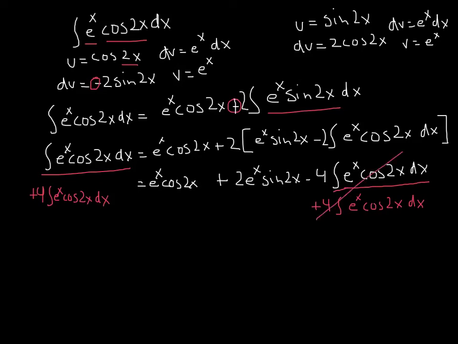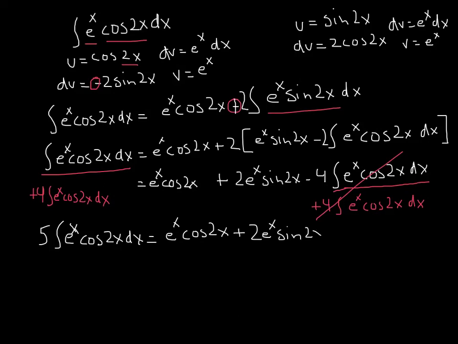And so over here, if you notice now, we have 5 times the integral that we are looking to solve for, e to the x cosine of 2x dx, and that's equal to e to the x cosine of 2x plus 2 e to the x sine of 2x.